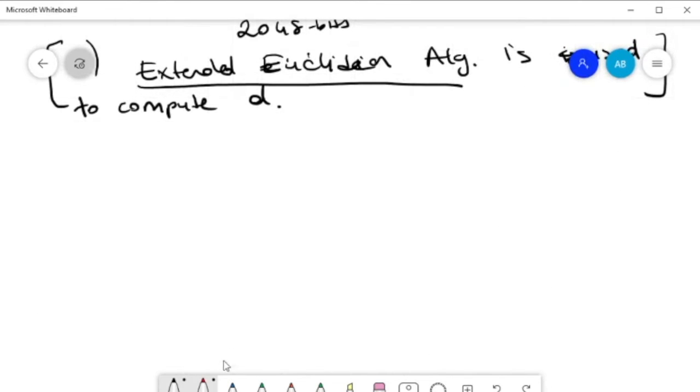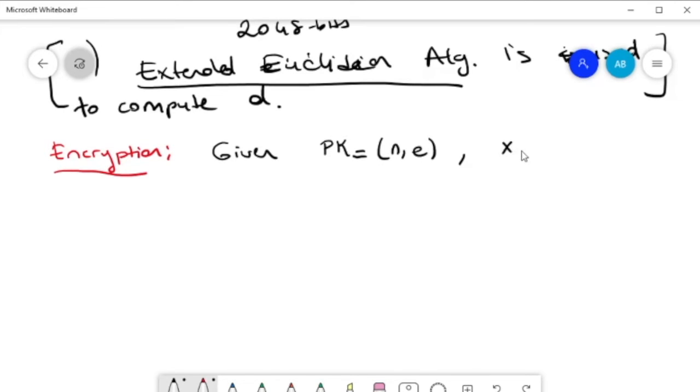Okay, let's see how we do encryption. In order to make encryption, we assume that we are given the public key, which is N and E, and we have a plaintext x, which is chosen in Zn. You know what Zn is: 0, 1, up to N minus 1.